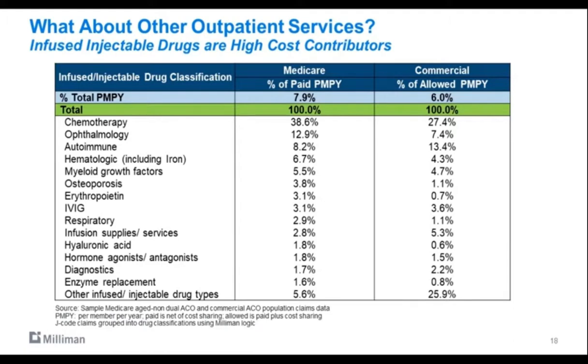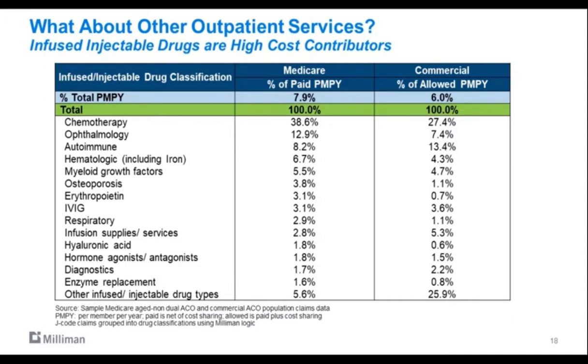Do I want to get into oncology management? Do I want to have care pathway programs? Are there particular cancers that I could focus on? Should I do a further drill down to segment this chemo by cancer type? Are there certain cancer types that are driving the spend? Are there certain drugs that could be interchanged with a lower cost drug?